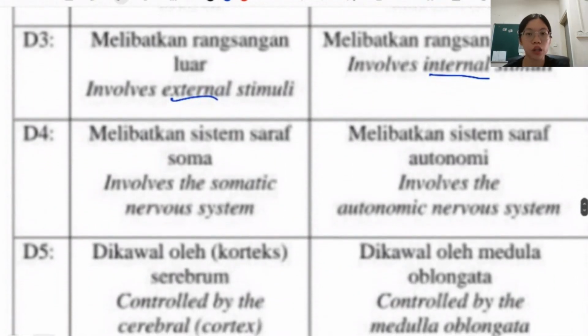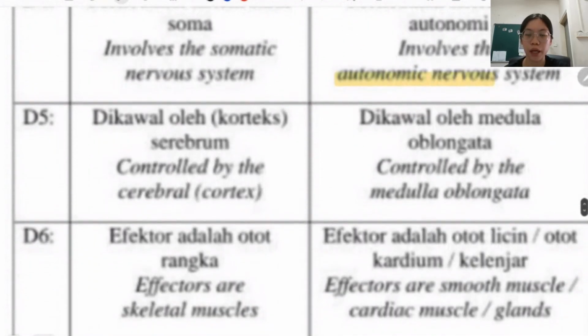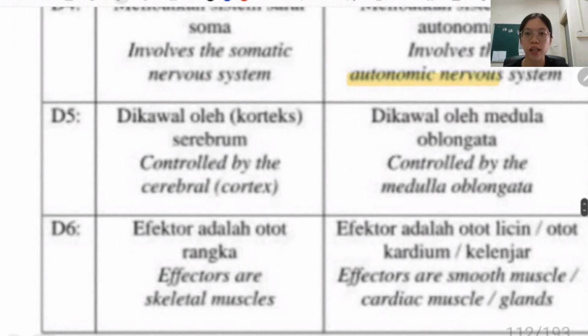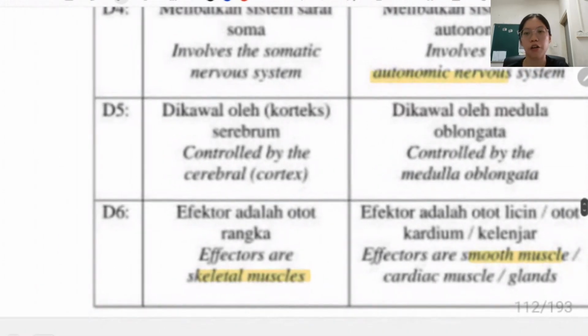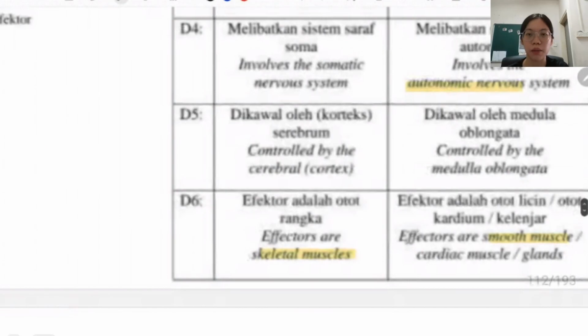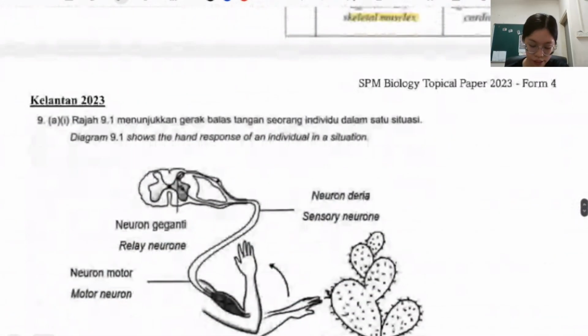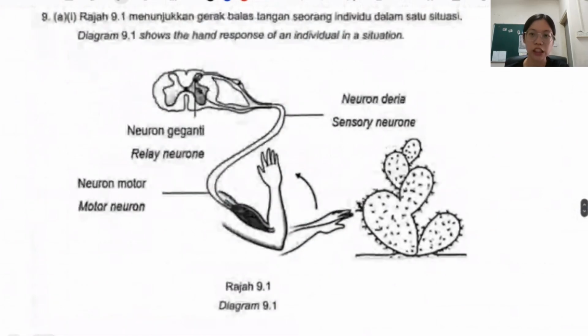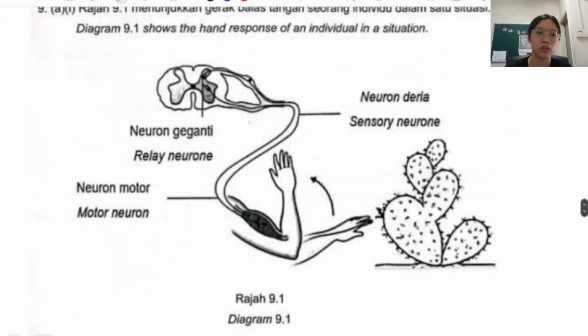And for involuntary action, it involves the autonomic system, controlled by a certain part of your brain, and the effector is smooth muscle. Meanwhile, this one is skeletal muscle. Of course, glands and cardiac muscle are also involved. So this is how you differentiate between them. And what is the importance of this involuntary response, to move your finger away?